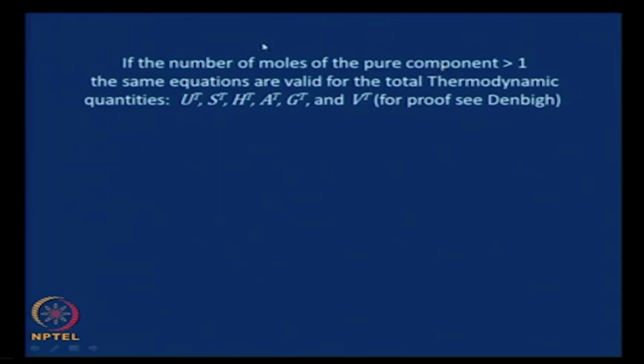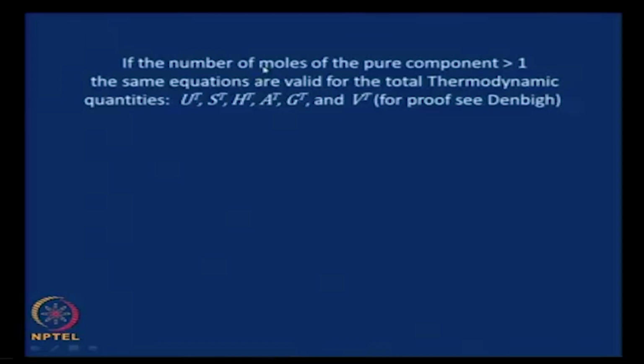It is still a closed system, it is still a pure component, and only the number of moles is more than 1. If that is the case, remember we had used U, S, H, A, G for 1 mole of the substance, the thermodynamic quantities for 1 mole of the substance.